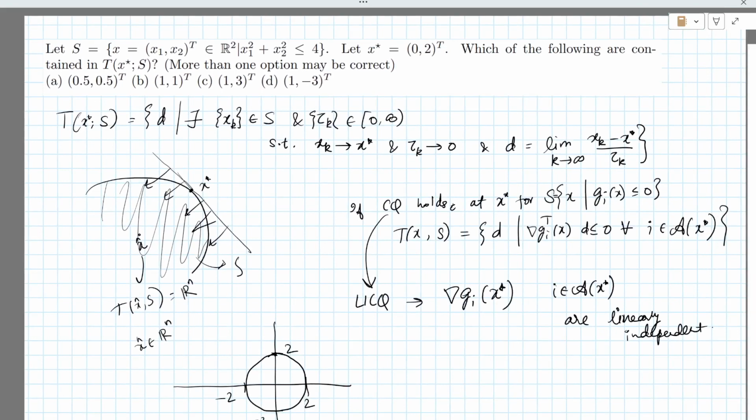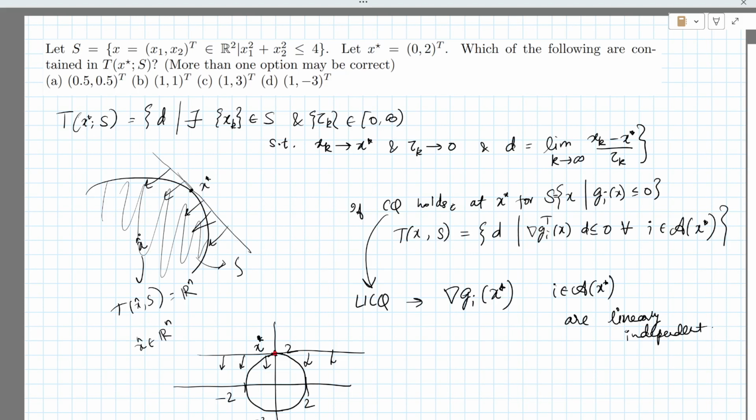And what is your x star? In this point. So the tangent cone will be this basically. Does the constraint qualification hold?